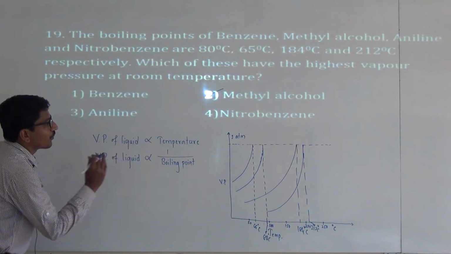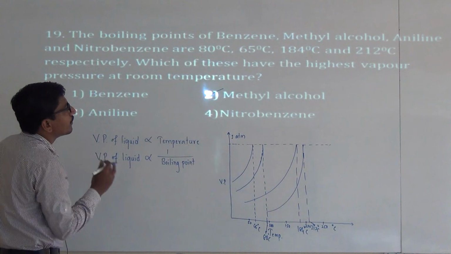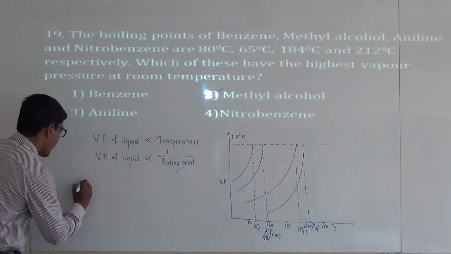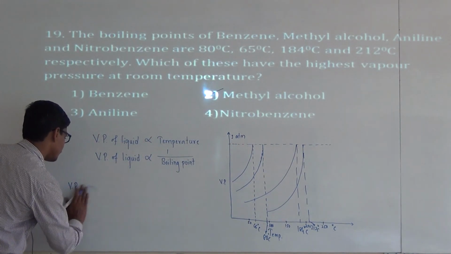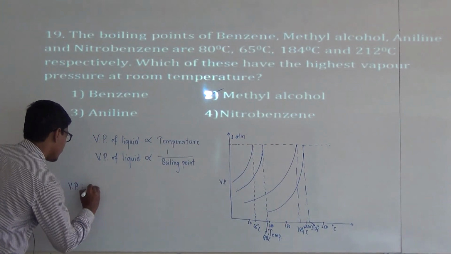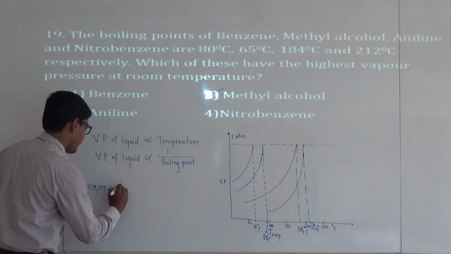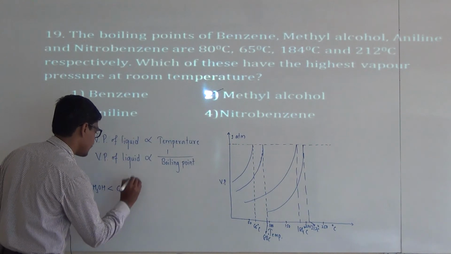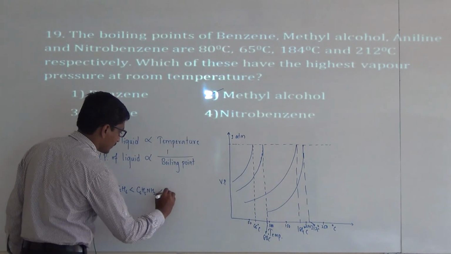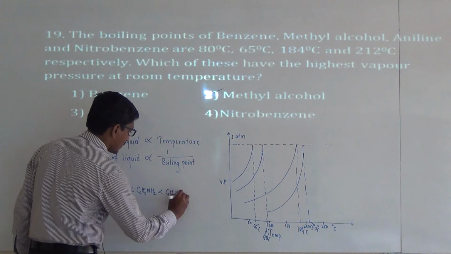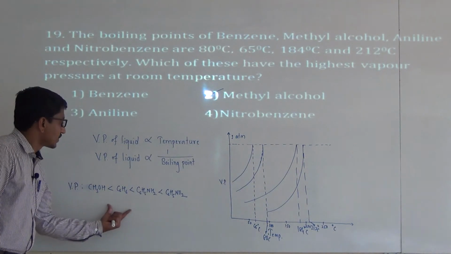The order of vapor pressures of benzene, methyl alcohol, aniline and nitrobenzene: first CH3OH, then C6H6, then C6H5NH2, and last C6H5NO2, nitrobenzene. The vapor pressure decreases in this order.